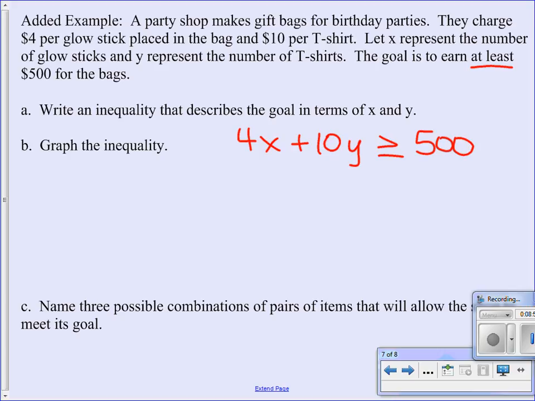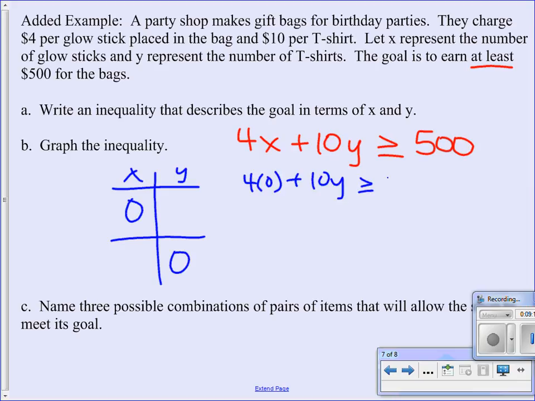Once I have the inequality in place, now I need to be able to graph it. Honestly, the easiest way to graph big numbers like these, you don't have to solve it. If you want to, find your intercepts. If you put 0 glow sticks in the bag and all you had were t-shirts, that'd mean that you'd have to have at least 50 t-shirts.